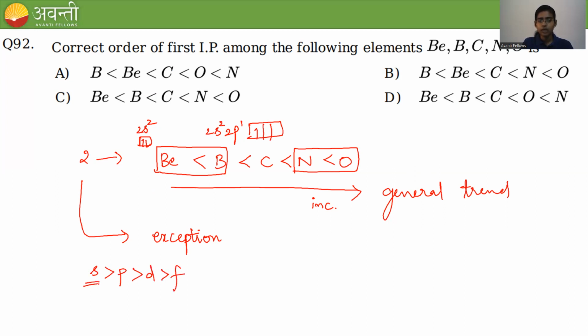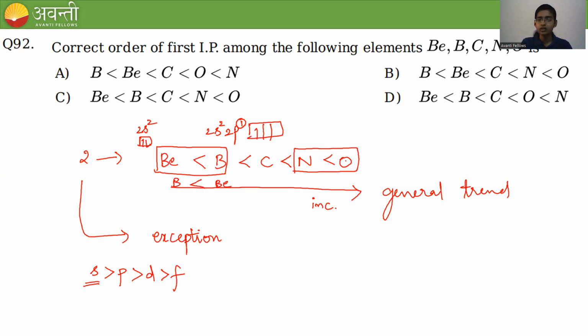The electron present inside the s orbital is closer to the nucleus and is very difficult to remove. The attraction between that s electron and the nucleus is more, so more energy is required to remove the electron from the s orbital. The removal from the p orbital becomes easy, but the s electron is difficult. So you have to supply more energy for beryllium than boron. Boron has a lower value than beryllium.